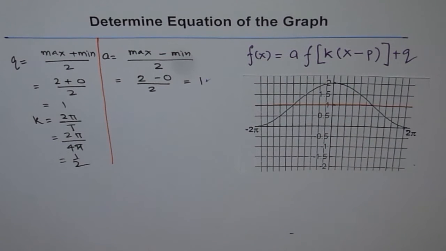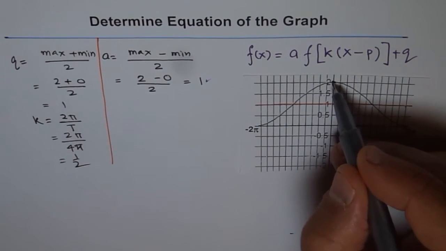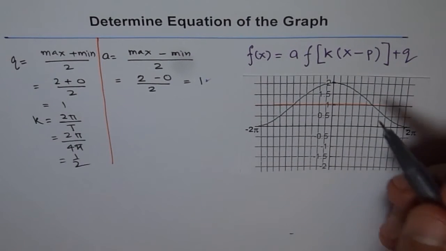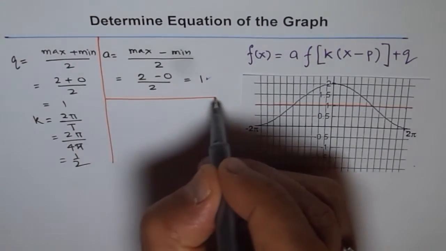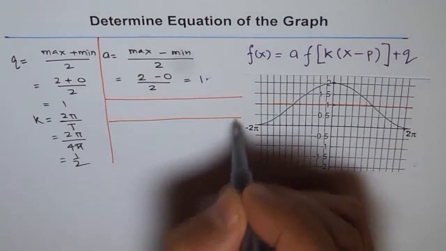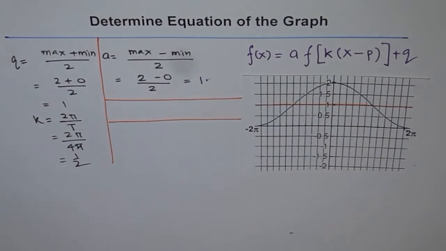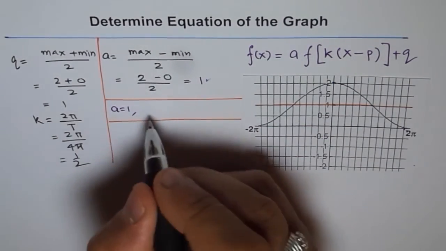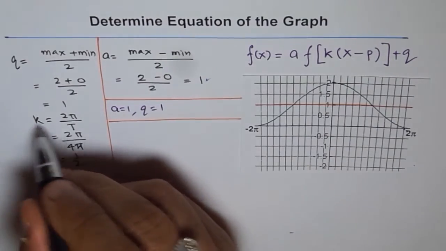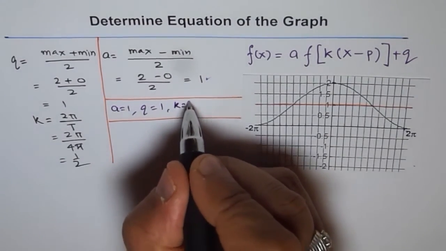Now, since we have all this, let's figure out the phase shift. The graph starts with a maximum. That means we can straight away write a cosine function without any phase shift. Let me first summarize the values which we have already got. a equals 1, q equals 1 and k equals half.